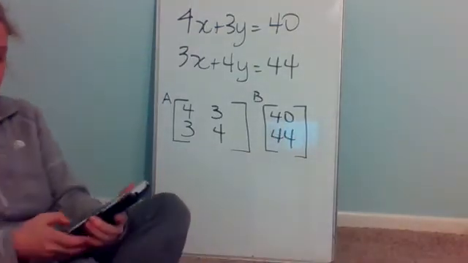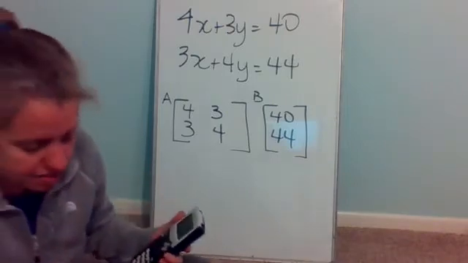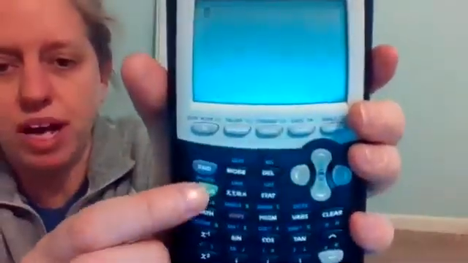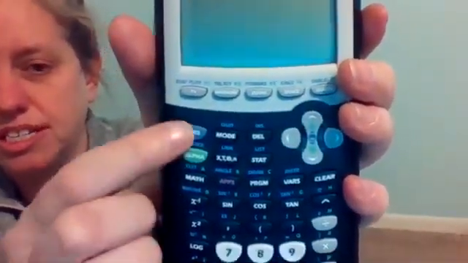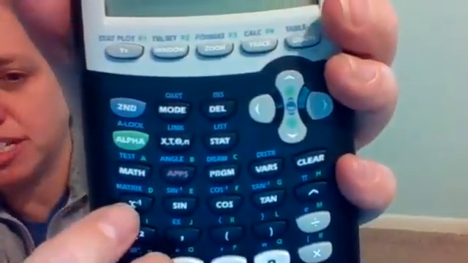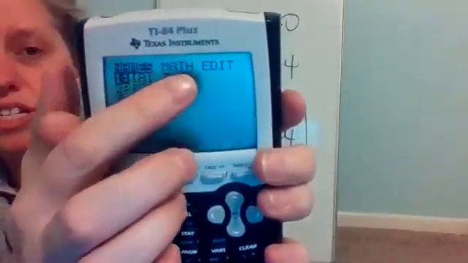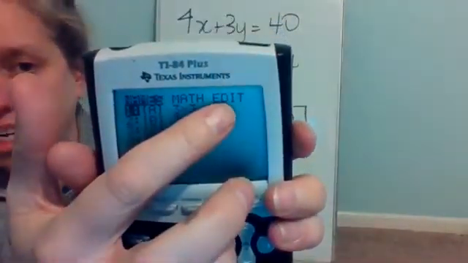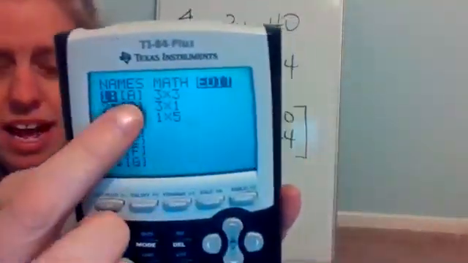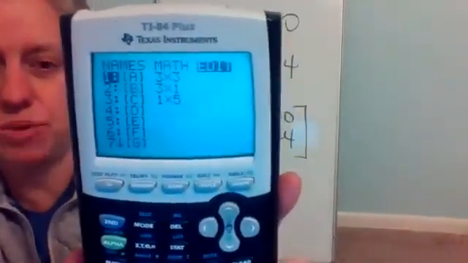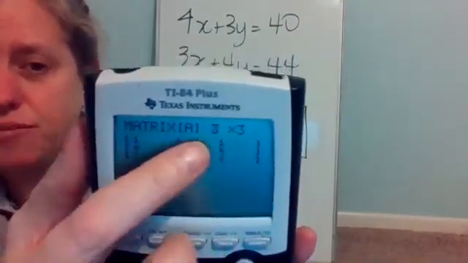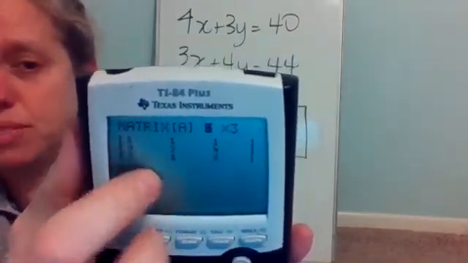Now, when we go to our calculator, again, you don't even have to have a special program for this. It is built in all the TI calculators. So I will go to my matrix, which is second, and then hit this button right here that says matrix. Now, the first thing you're going to do is make your matrices. So you need to make sure that you scroll over to the right to edit. And then you're going to edit your first matrix A. So hit enter. Now, the first thing you have to do is tell your matrix, look, it has this information in here from the last matrix problems that we worked.